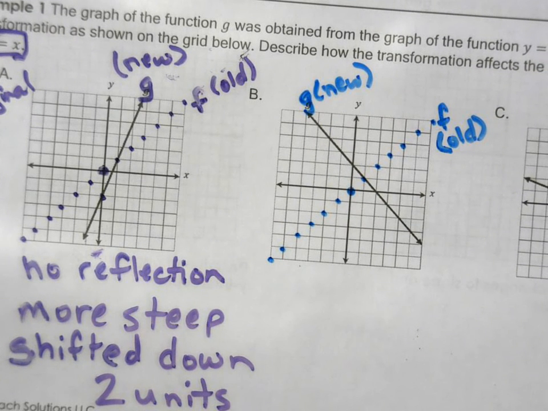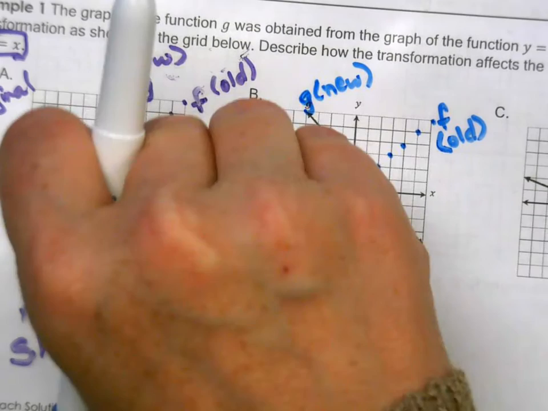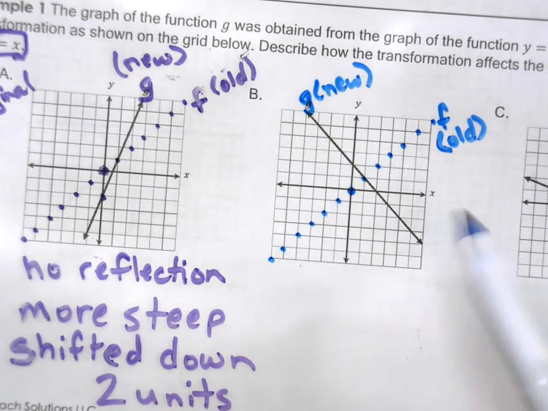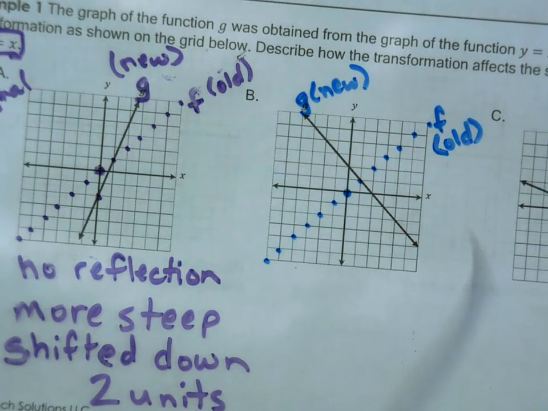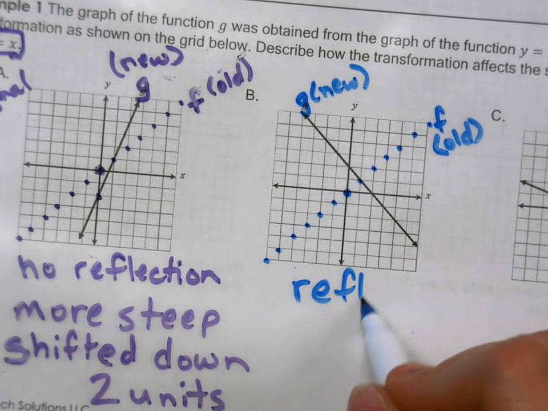The first thing is to look at whether it got reflected or not. So are both of them still positive, or did one flip to be negative? The first step is to check for reflection. One flipped, so there is reflection. So it reflected.